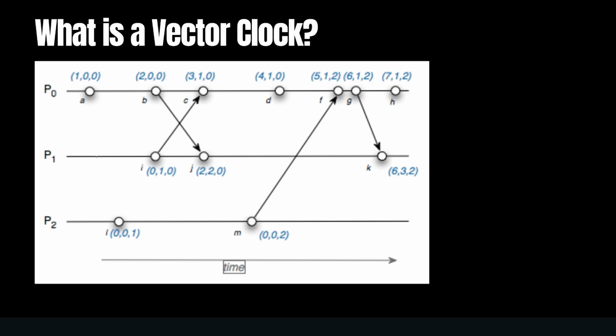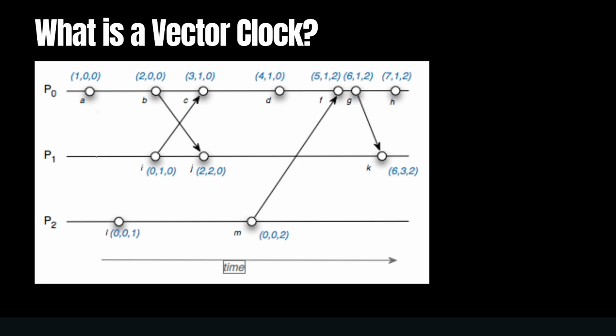One for each process or node in the distributed design, not system design, sorry. Each entry in the vector clock, as you can see here, represents the logical time of the associated node from the perspective of the node holding the vector clock. Number 2, we have an analogy.